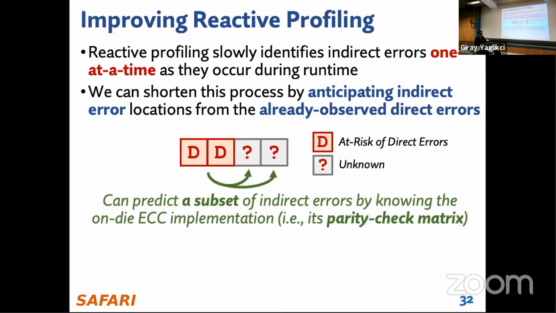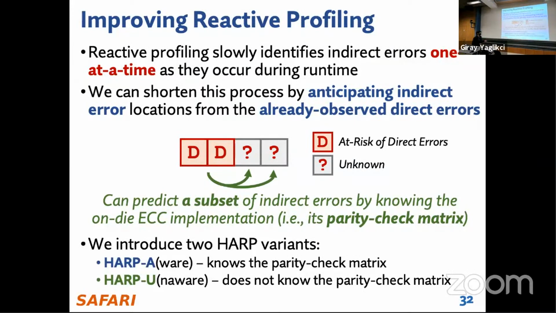Pictorially, if we already know that a couple of bits are at risk of direct errors, and we know the actual on-die ECC implementation, which is the mathematical function that it implements, we can predict that in some combination of errors, it is possible to have an indirect error here or here and so forth. So we can pre-compute some of the indirect errors given bits that are known to be at risk of direct errors.